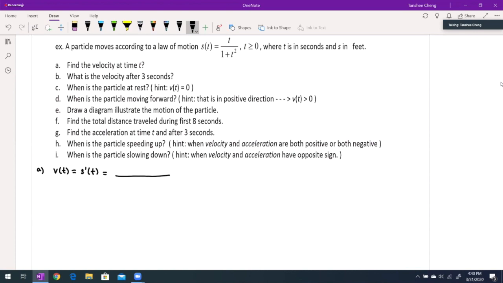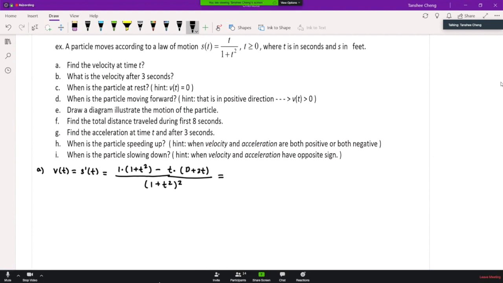So the derivative of the numerator, 1, times the denominator, 1 plus t squared, minus the numerator times the derivative of the denominator, 0 plus 2t, all over the denominator squared, 1 plus t squared, quantity squared. And I want you to simplify a little bit, because these are the types of problems we're going to be seeing later on.